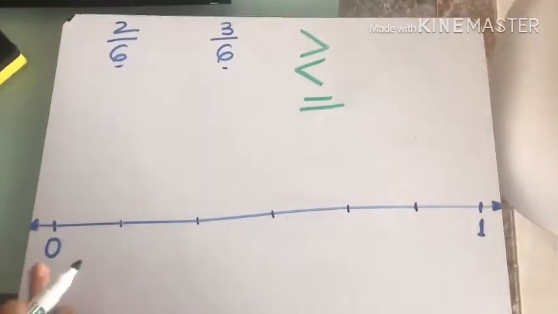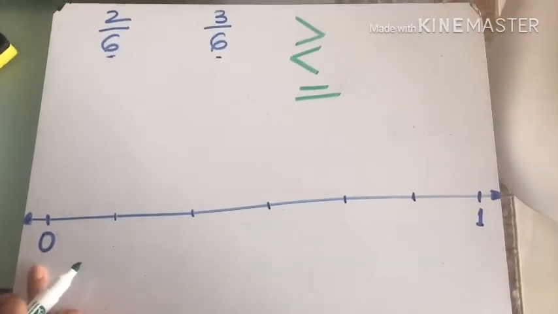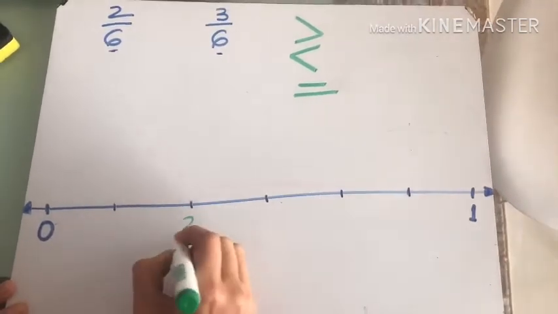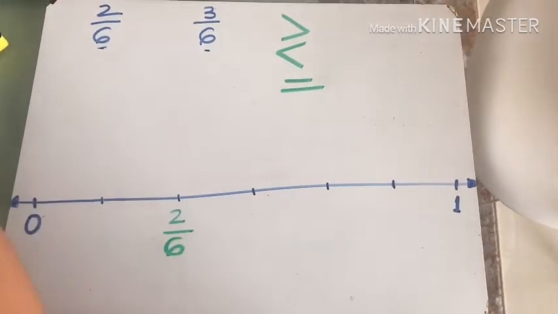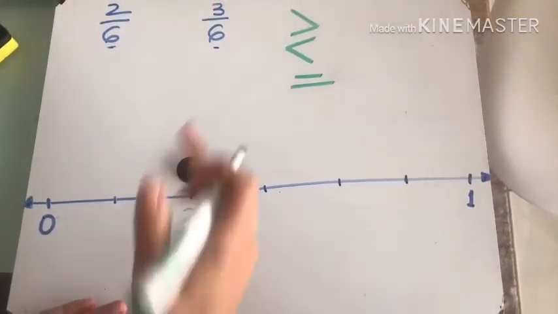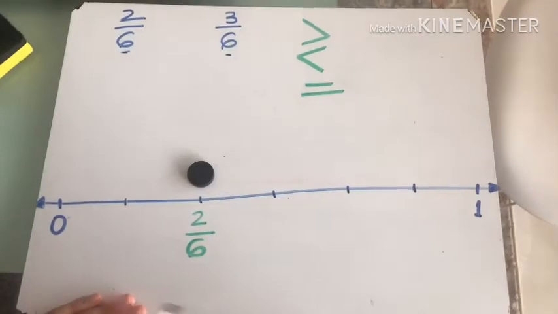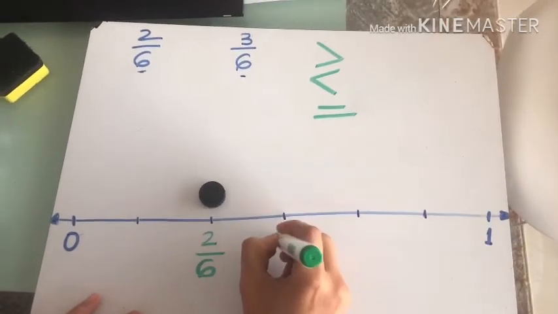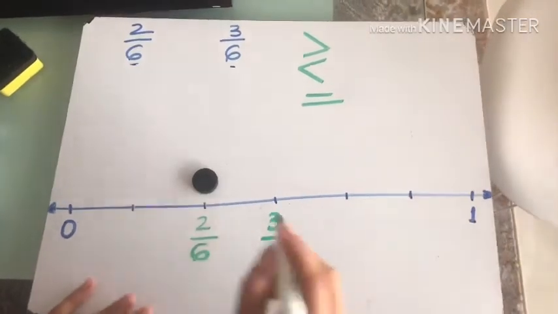So if I have a 0/6, we're starting right here. 0, 1, 2. My 2/6 will be right here. Right? And where would my 3/6 go? If I have my 2/6 here, it's just right next to it. 3/6.